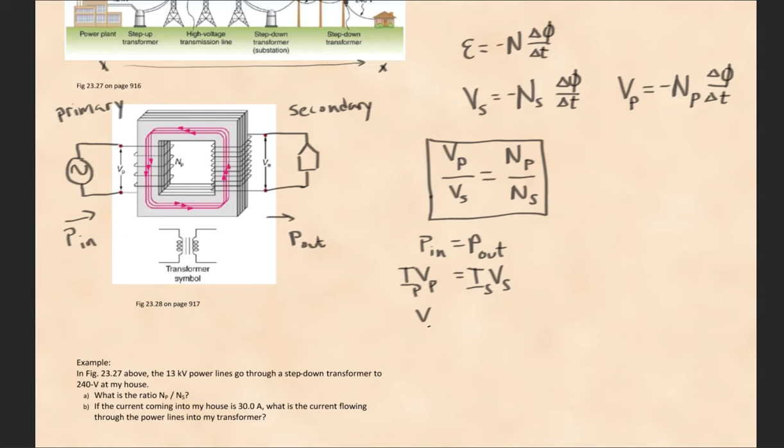So rearranging this equation, I get this ratio, and I can combine it with the equation up above, and I can show that the ratio of the currents, secondary to primary, is also equal to the ratio of the number of turns in the primary to the secondary.